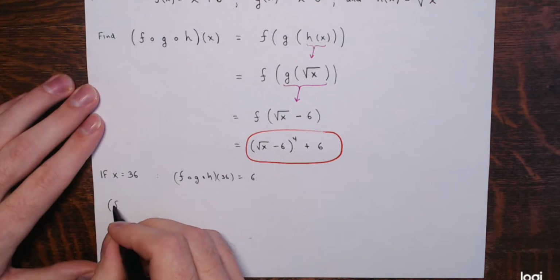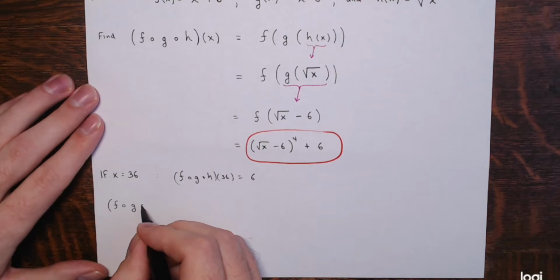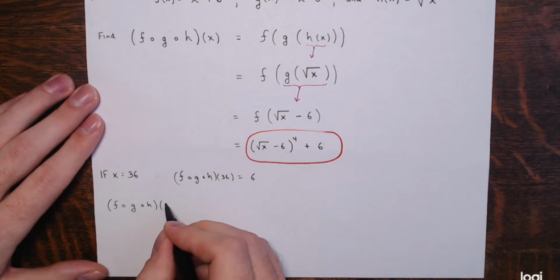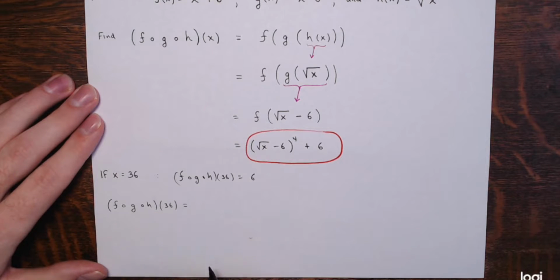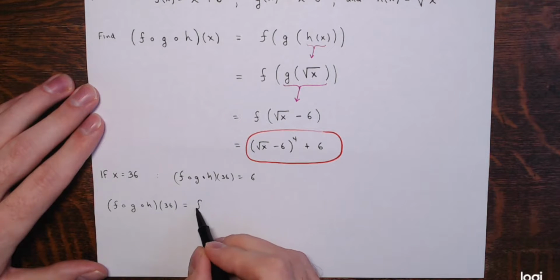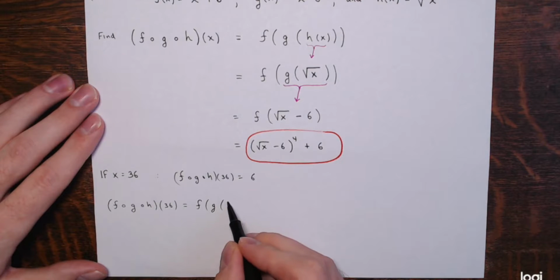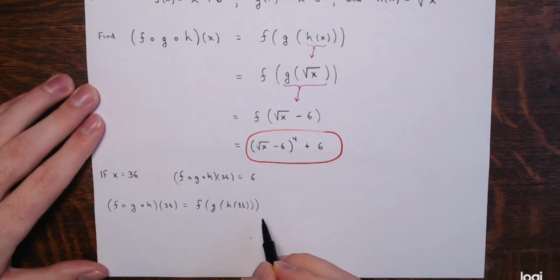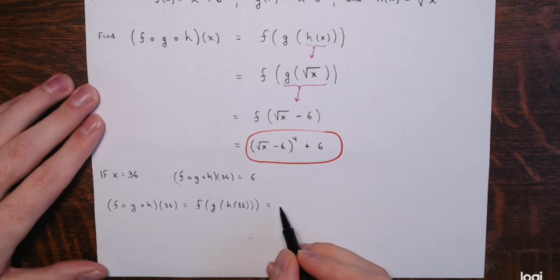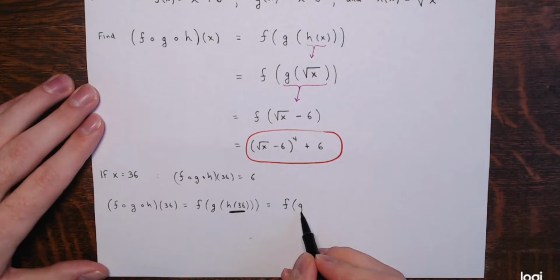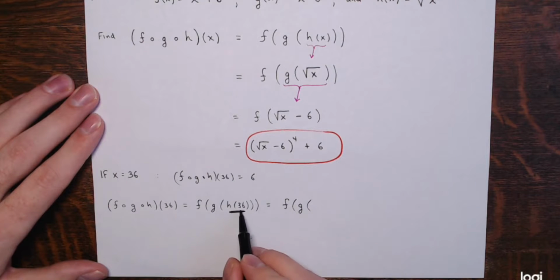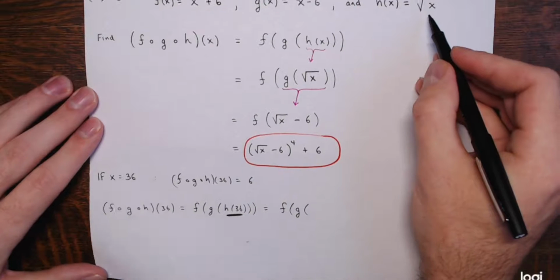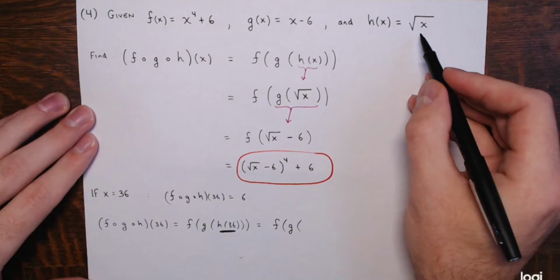F composed with g composed with h of 36. Again, another way to write this would be f of g of h of 36. Now h of 36 I'll do first. So this would be the square root of 36, which is 6.